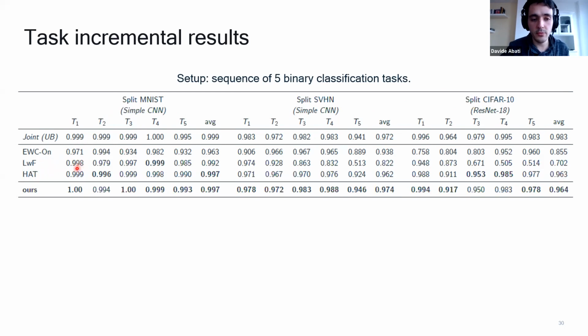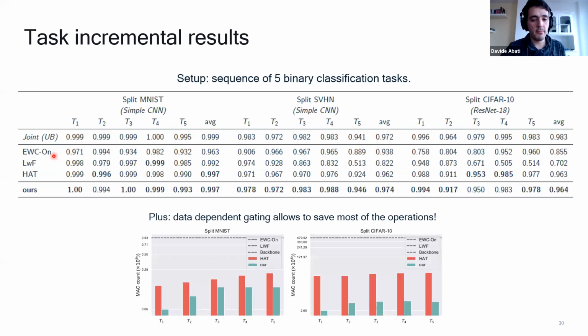This is a good safety check, but it performs very similarly to HAT. But given that we have input-dependent firing patterns, this allows us to save a lot of computation during test. This is a nice byproduct of the fact that our gates fire conditionally on the input data, right?